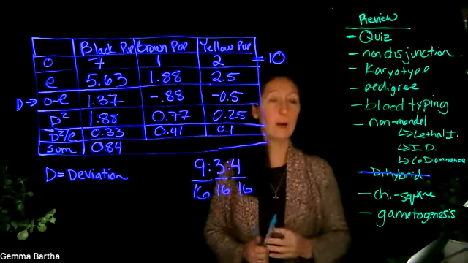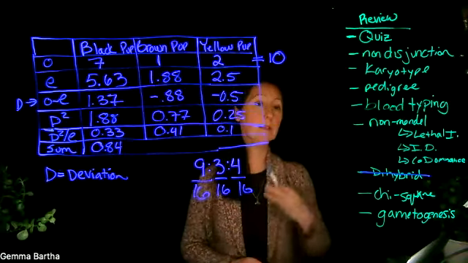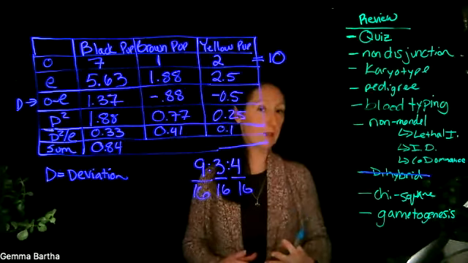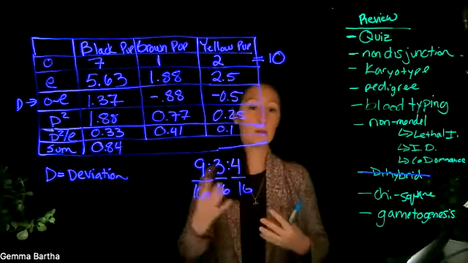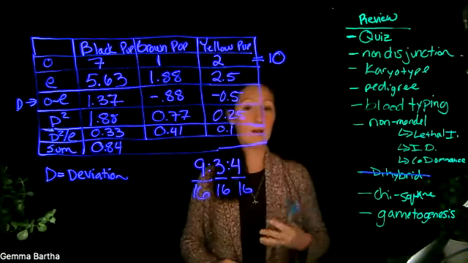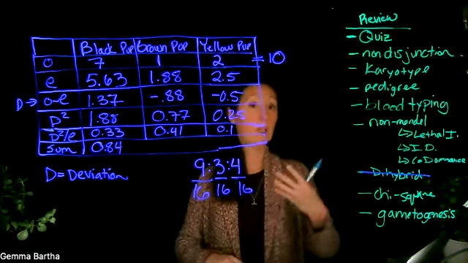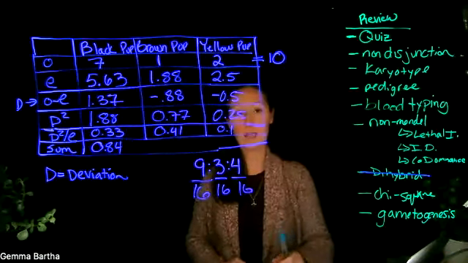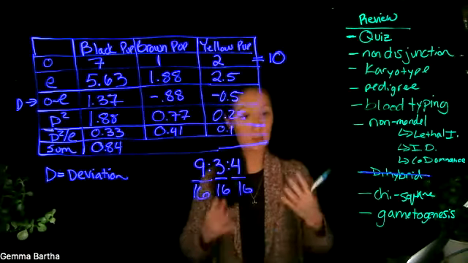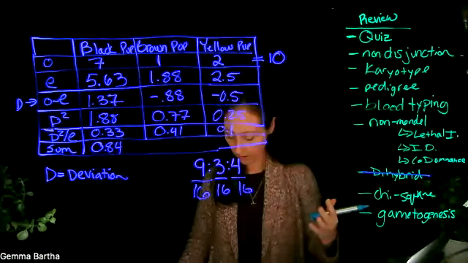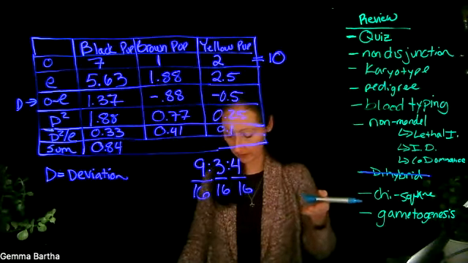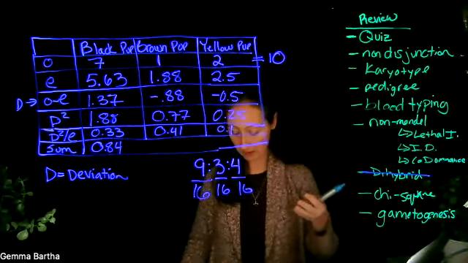Our null hypothesis was that there was no statistical difference between your observed and expected values of coat color, so the inheritance of coat color. There were a lot of different ways that people stated that. Somebody wrote here about inheritance pattern.